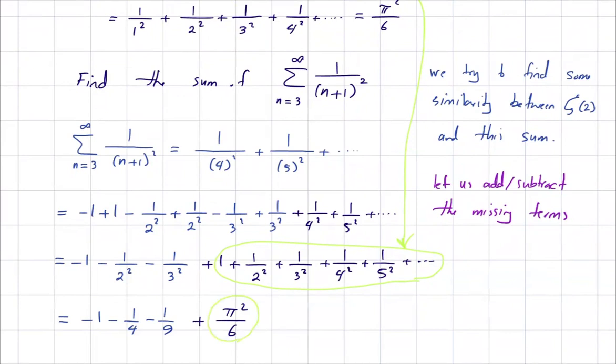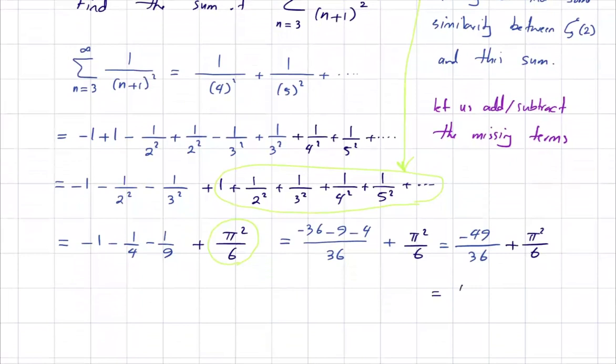So this number can be written as, if you take the common denominator, 36, -36 minus 9 minus 4 plus pi squared over 6, which is equal to -49 divided by 36 plus pi squared over 6, or you end up with pi squared over 6 minus 49 over 36 as the sum of this series.